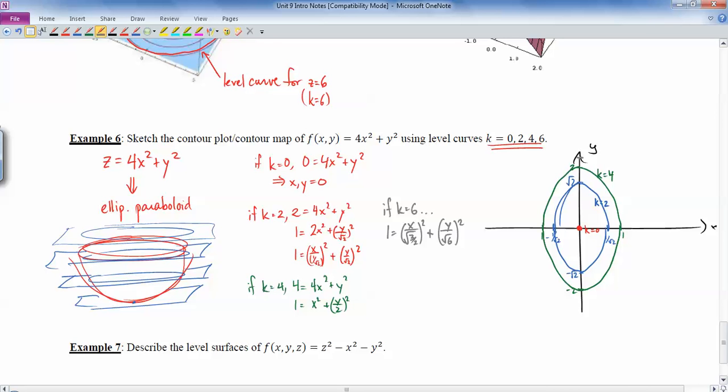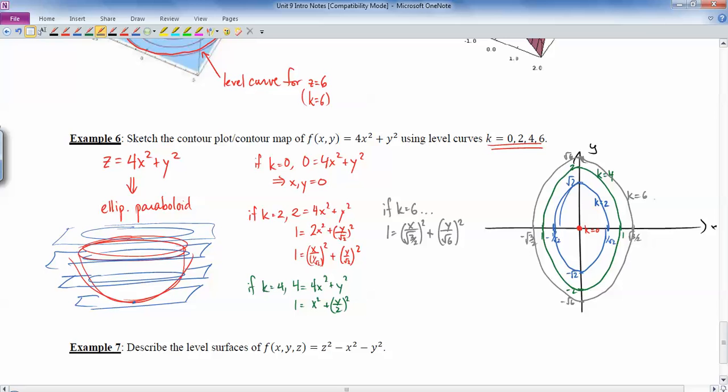So maybe about here. So root 6, negative root 6, and then root 3 over 2, negative root 3 over 2. So there it is. So this one would be k equals 6.